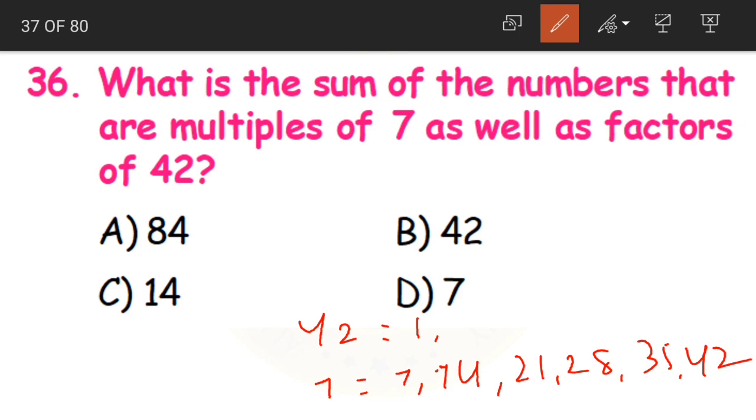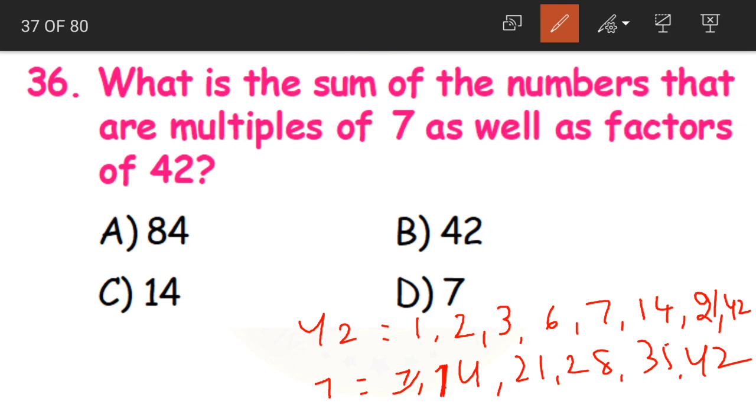Then let me write the factors of 42. 6 sevens are 42, 3 ones are 3, 3 fours are 12, 14 threes are 42. Yes, then we have 2 21s are 42 and then 1 42 is 42.